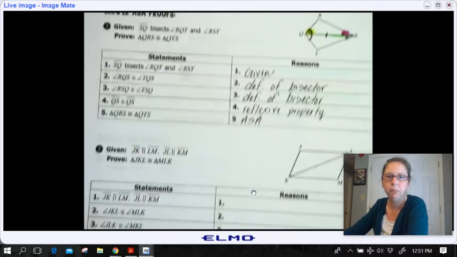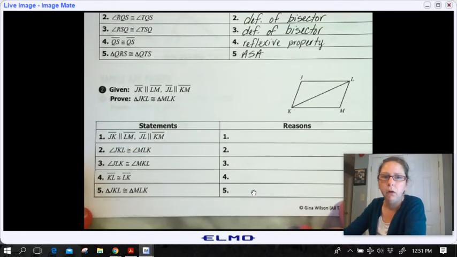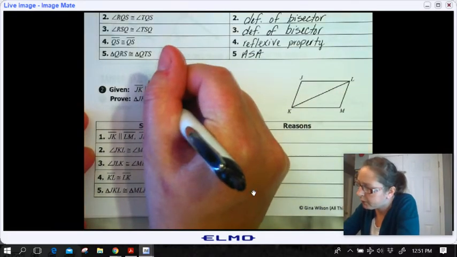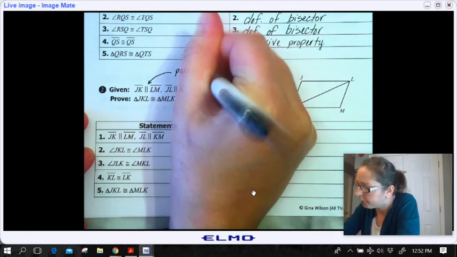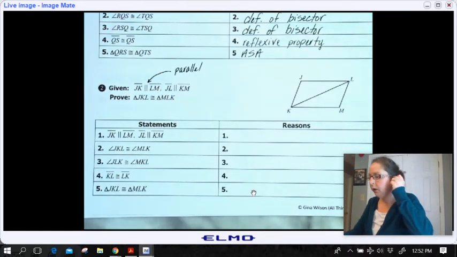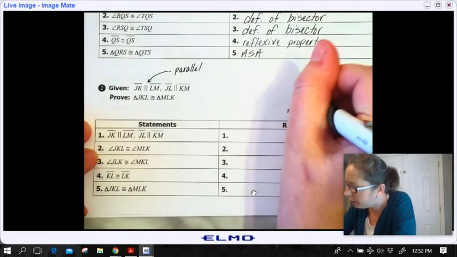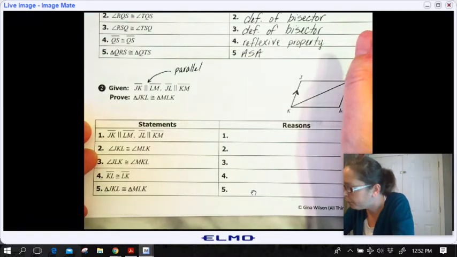Let's take a look at example 2. Okay, and again, remember what this symbol means: parallel. JK is parallel to LM.